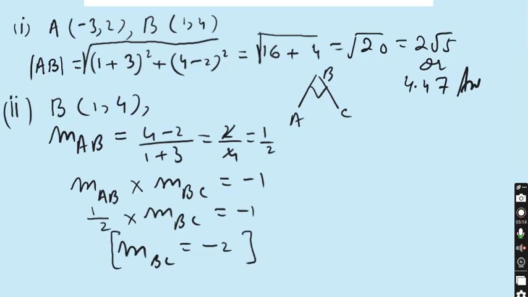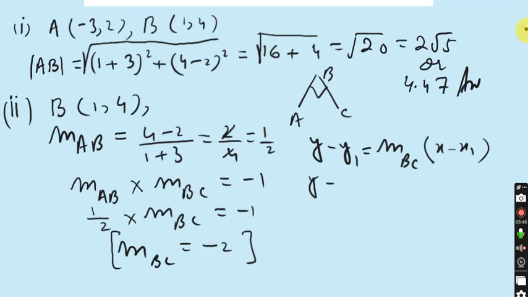Now we have a point that is (1, 4). We have the gradient of BC that is -2. So we have to apply the equation of line formula, that is y minus y1 is equal to m(x minus x1). I always express gradient as small m, so m_BC stands for the gradient of BC. This is the equation of a straight line, the name is the slope point form.